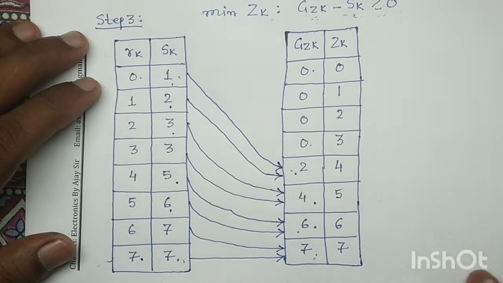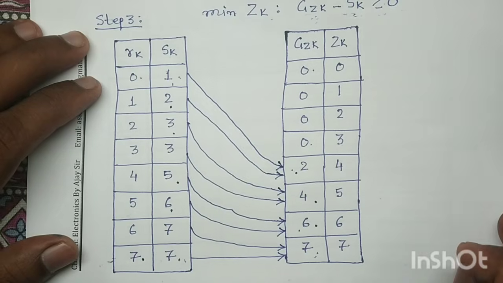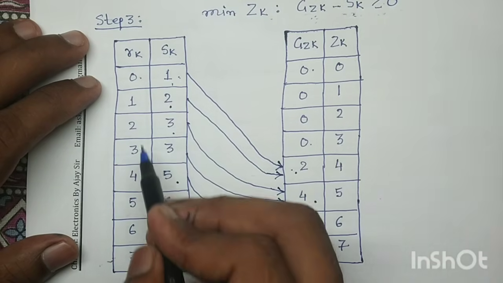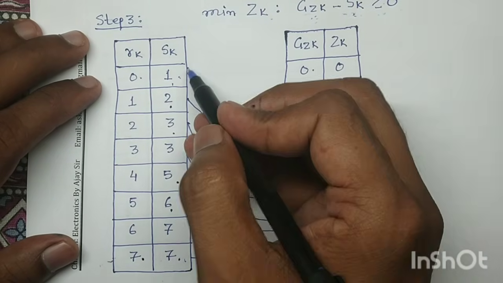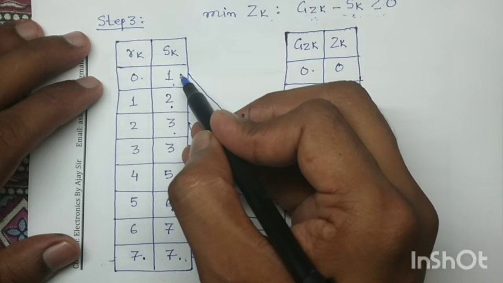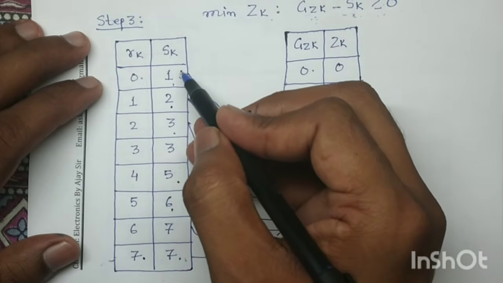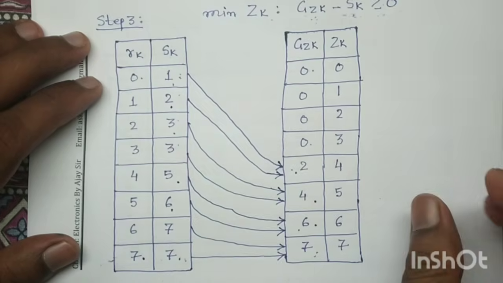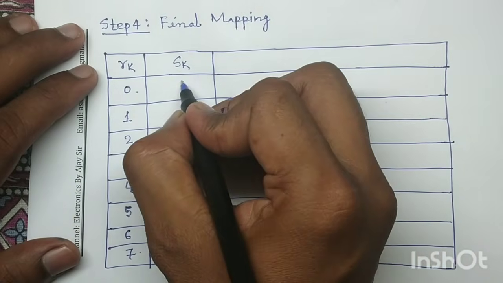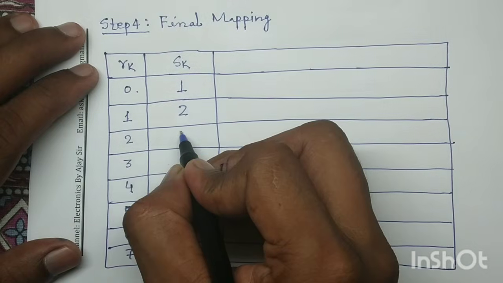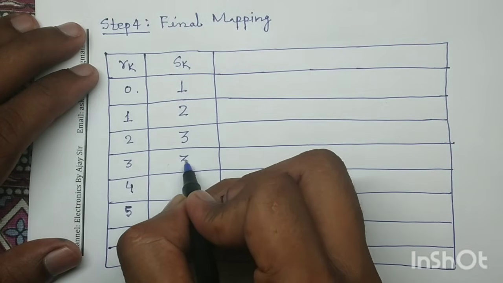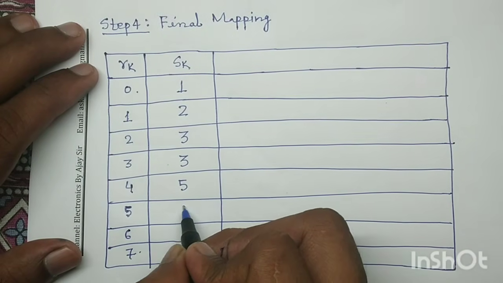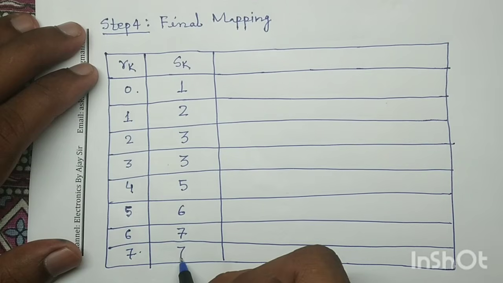So after performing the histogram equalization on table 1, for each value of RK, the corresponding sequence of SK is 1, 2, 3, 3, 5, 6, 7, 7.